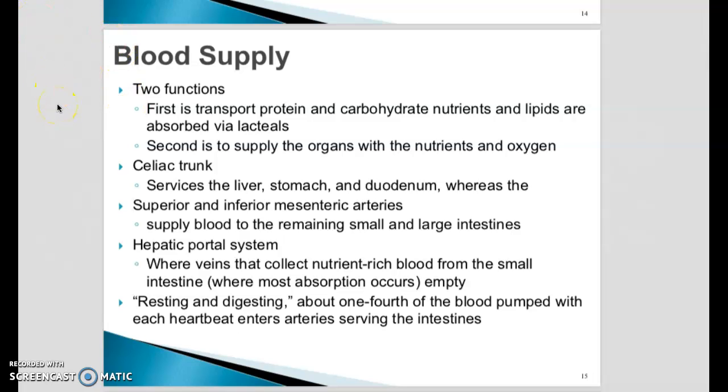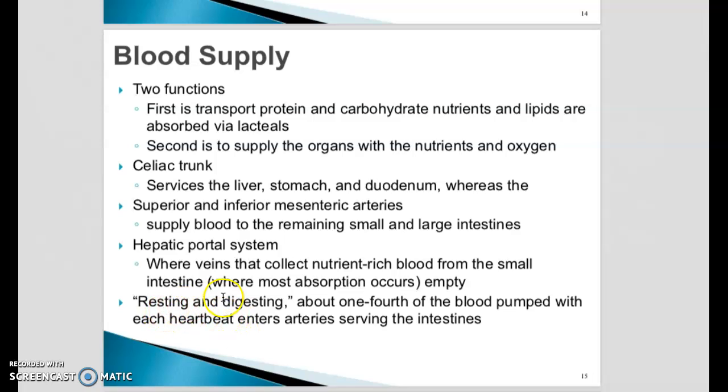The celiac trunk services the liver, stomach, and duodenum, whereas the superior and inferior mesenteric arteries supply blood to the remaining small and large intestines. The hepatic portal system has veins that collect nutrient-rich blood from the small intestine, where most absorption occurs.